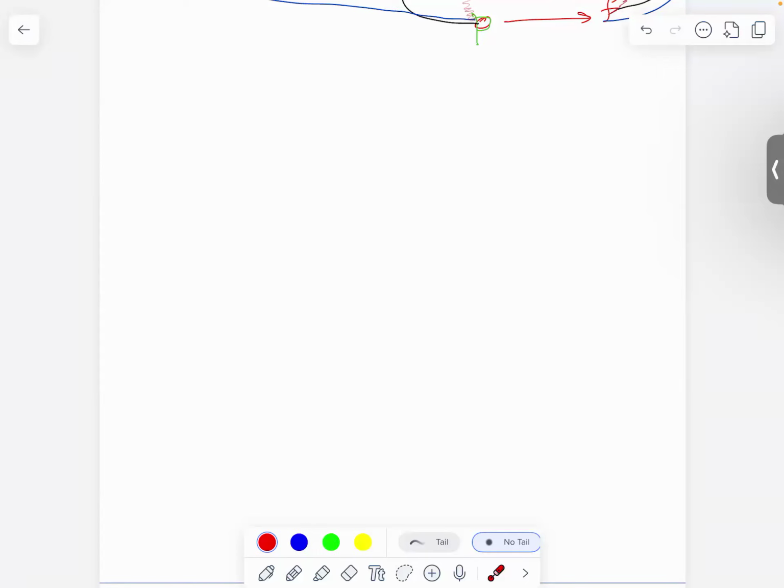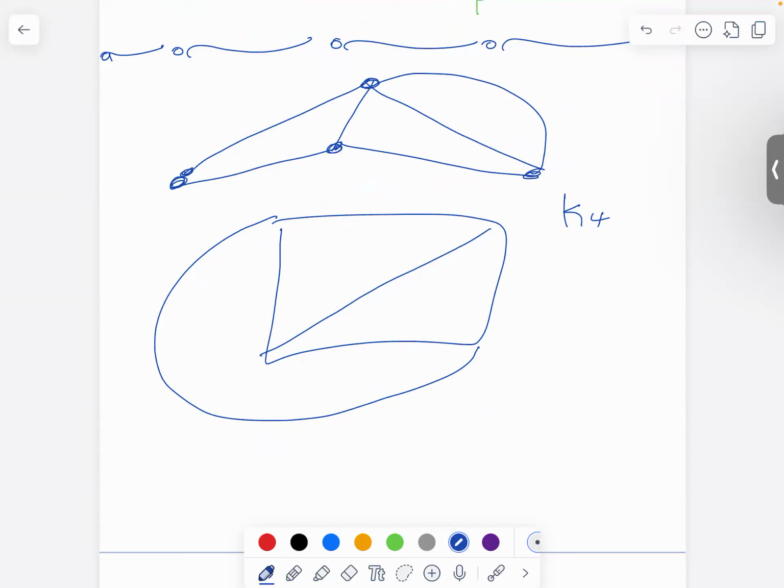The meaning of a planar graph is this one: the edges are not cutting each other. This one is planar. K4 is not planar, but if you draw it like this, it will be planar. The planar graph is a graph such that the edges do not cut each other.